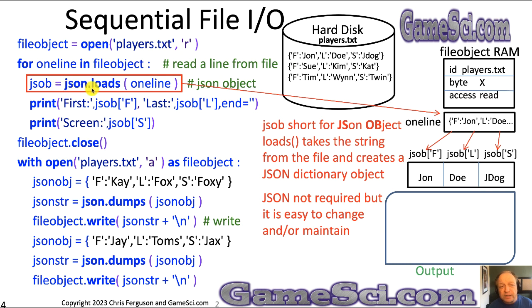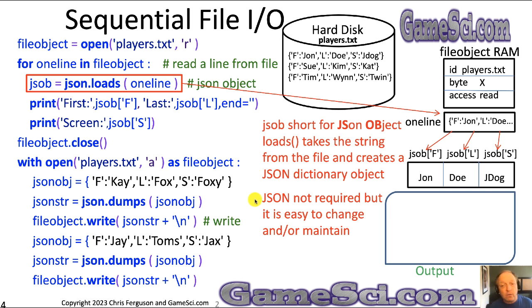jsob equals json.loads, that one line we just read from the file. jsob is short for JSON object. loads takes a string from the file and creates a JSON dictionary object. What I'm storing on each line of the file is one JSON string.